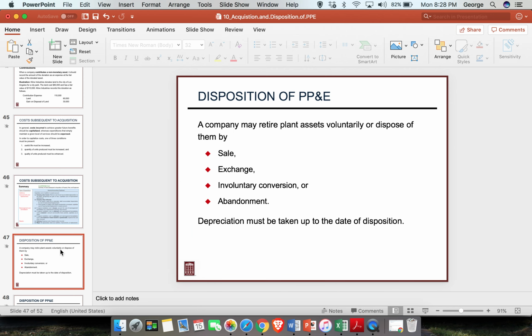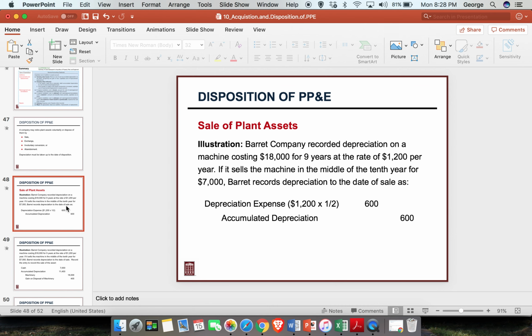A company may retire plant assets voluntarily or dispose of them by sale, exchange, conversion, or abandonment. Depreciation must be taken up to the date of disposal. Barrett Company recorded depreciation on a machine costing $18,000 for 9 years at the rate of $1,200 per year.